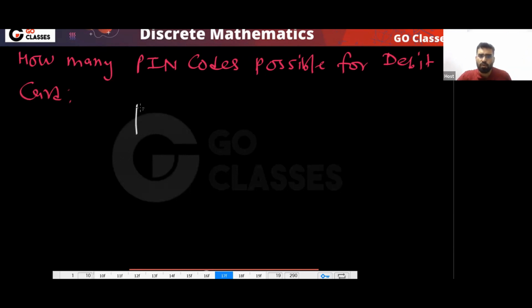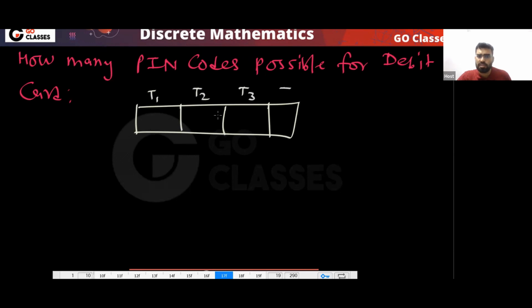So we need four digits: first digit, second digit, third digit, fourth digit. You need all of them. So you need T1 and T2 and T3 and T4. For the first digit I have 10 choices.